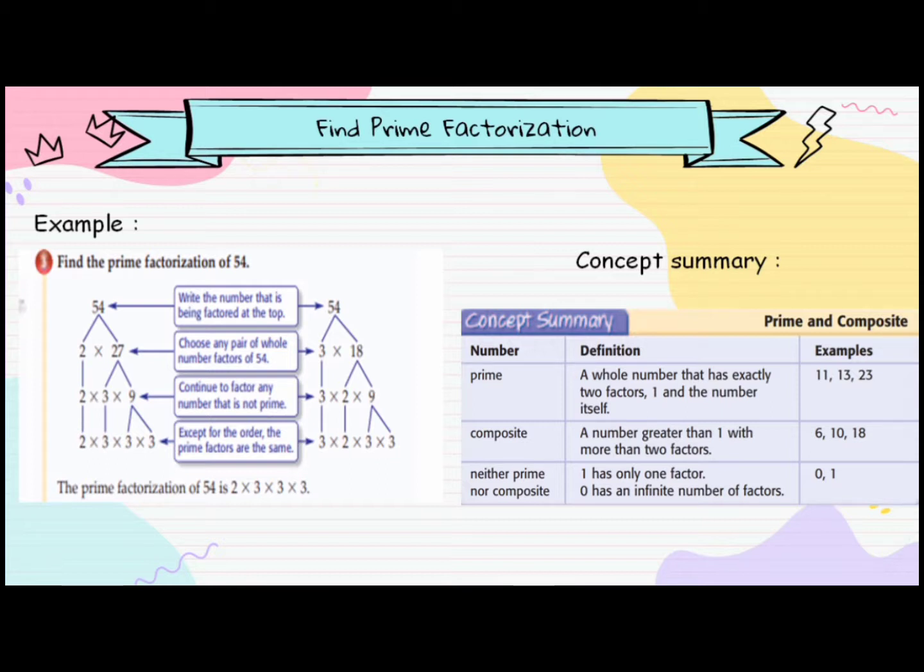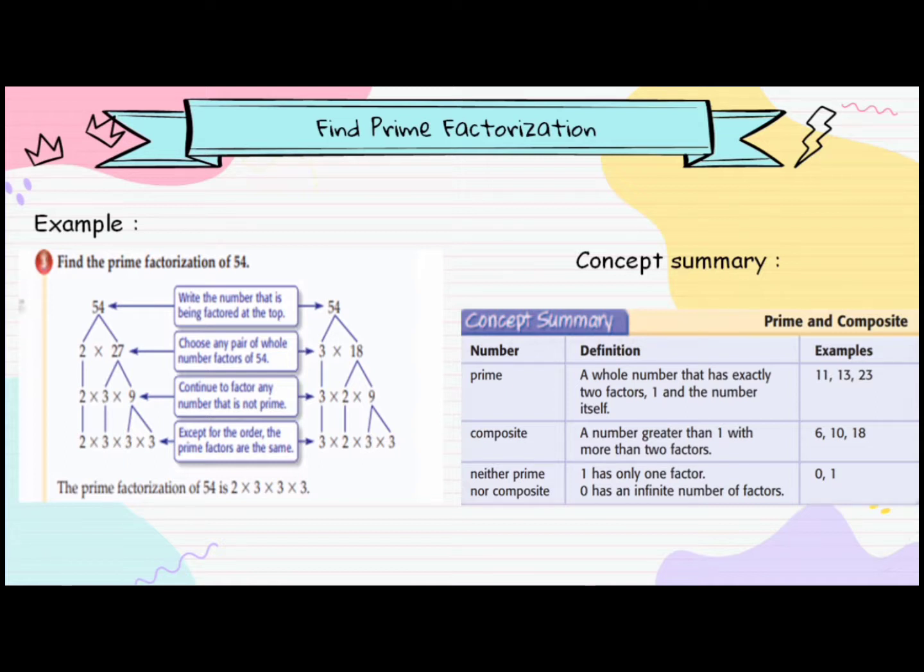The concept summary of find prime factorization. The first, prime. The definition of prime is a whole number that has exactly 2 factors, 1 and the number itself. Example, 11, 13, 23. Second, composite.